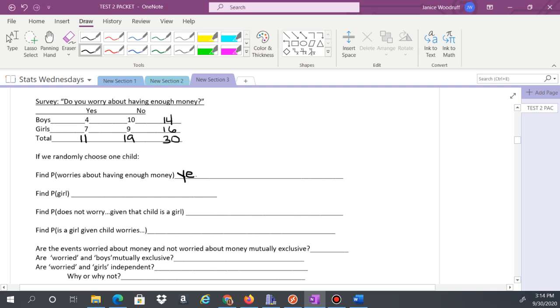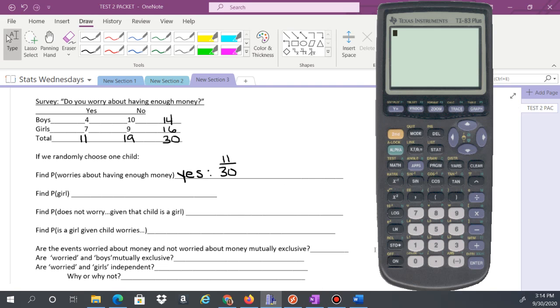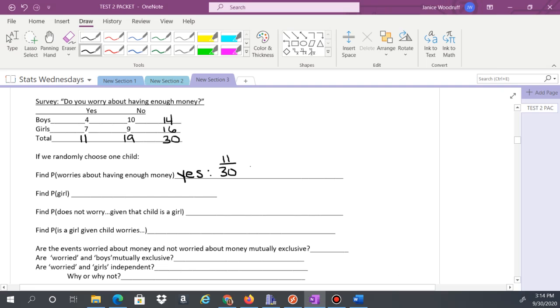How many people said yes, they worry about having enough money? Total. 11, yeah. So you had 11 people that said yes out of a total of 30 in my envelope. And we can do 3 decimal places for these. So 0.367.